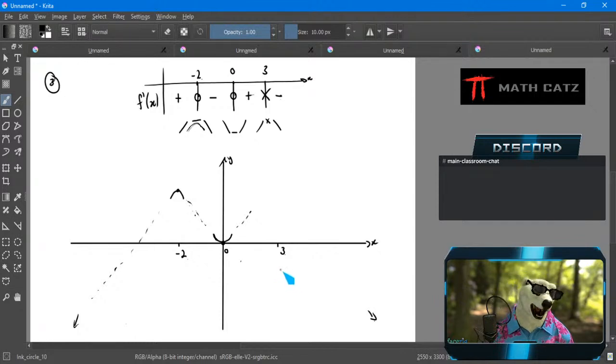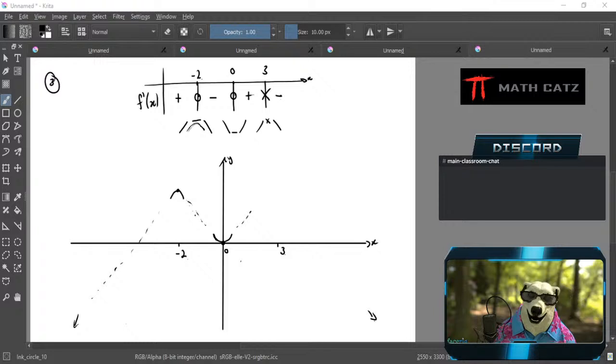What is happening at x equal to 3? I haven't asked you any questions yet. What is happening next at x equal to 3?